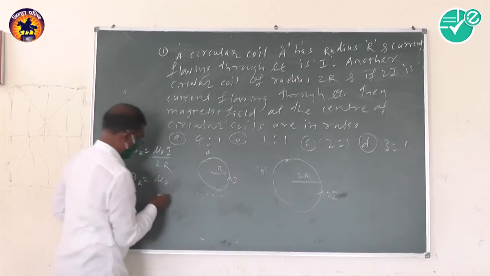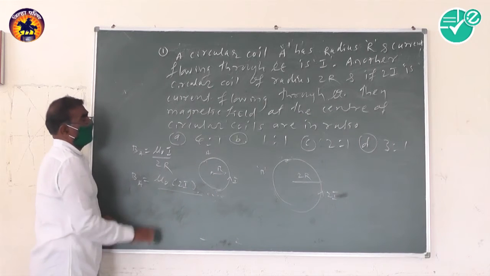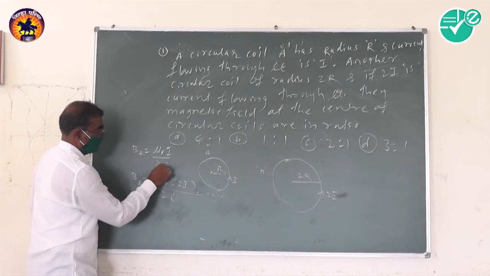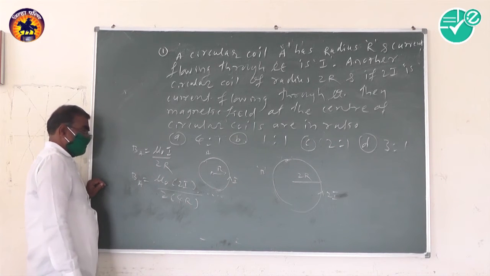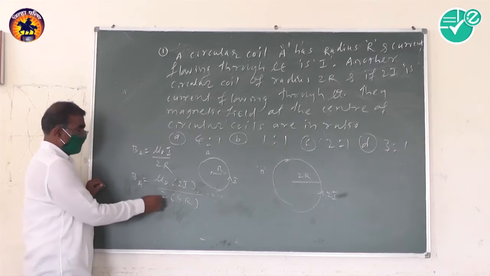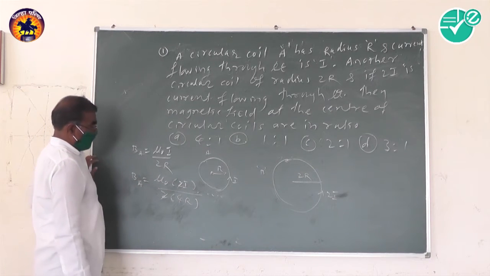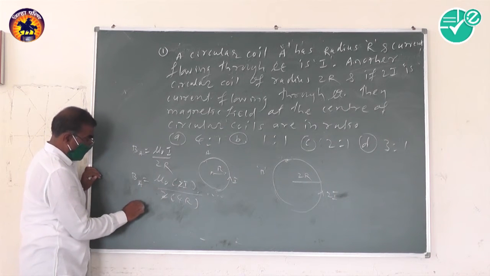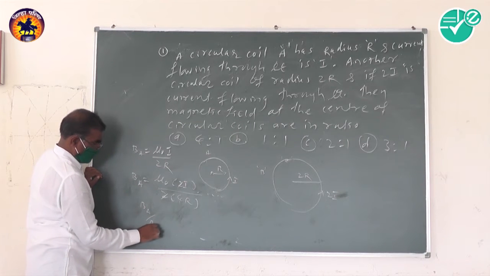That is 2I, and radius is 2R, 2 into 2R. Here 2 gets cancelled. Therefore, we take the ratio BA by BB.